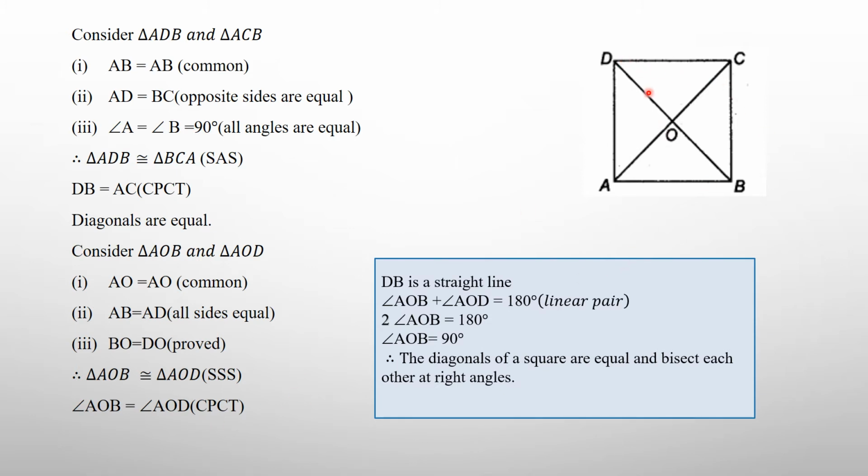We can see the diagonal BD is a straight line, and angle AOB plus angle DOB is equal to 180 degree using linear pair. Since we have angle AOB is equal to angle AOD, we can write 2 times angle AOB is equal to 180 degree. From there we can find angle AOB is equal to 90 degree. Therefore we can say diagonals of a square are equal, bisect each other at right angles.